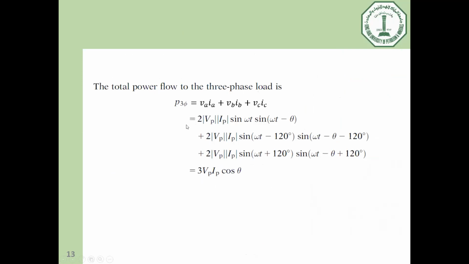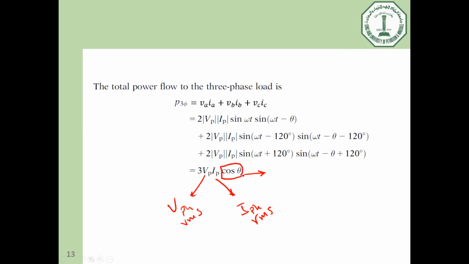So the power of three phases can be calculated as 3 multiplied by V phase I phase cosine theta, where this is the V phase root mean square value, and this is the I phase RMS value. What about cosine theta?